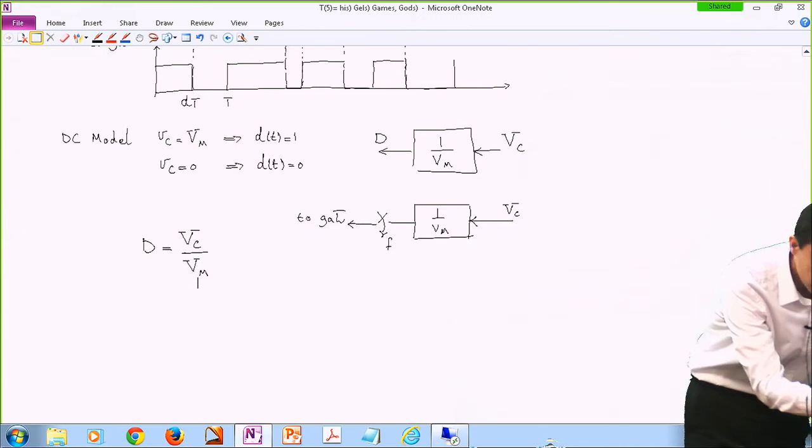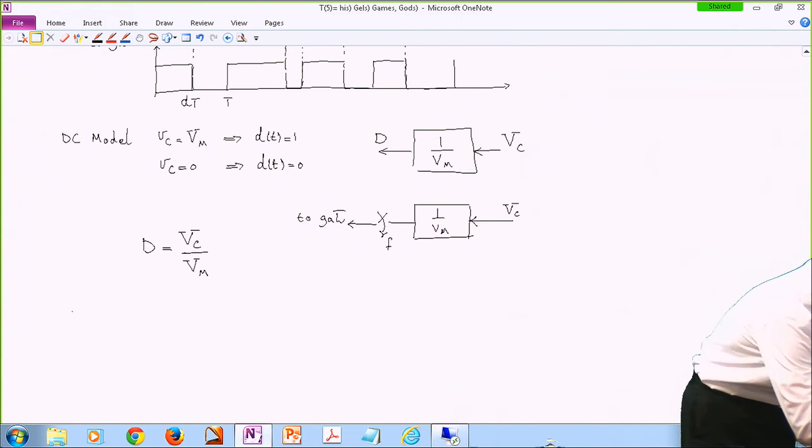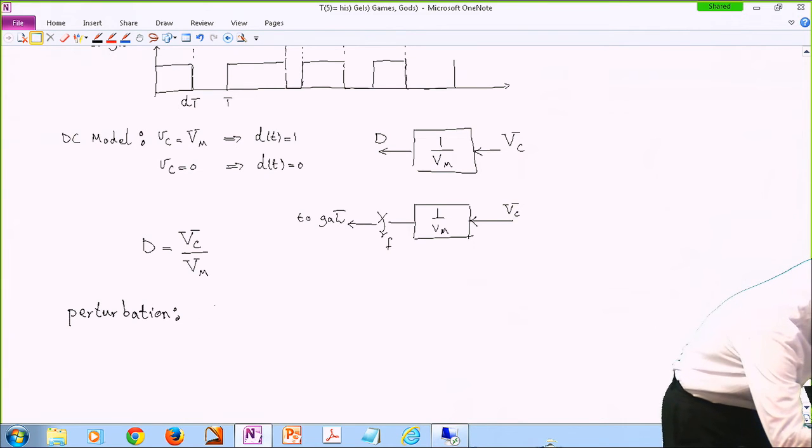Now that we are done with the DC model, let's look at the perturbation. Okay, so I'm going to perturb my control signal. It has a DC value of VC plus some small signal perturbations.